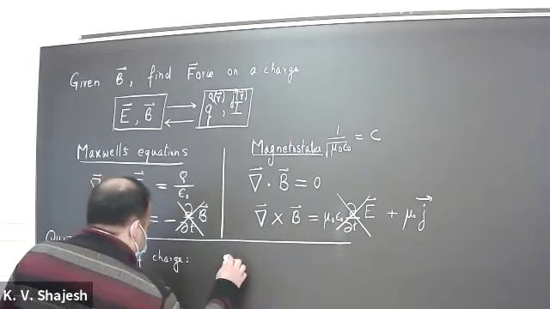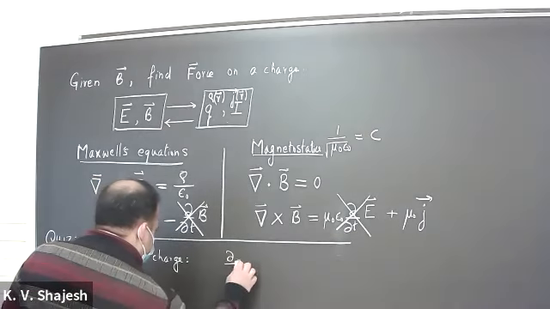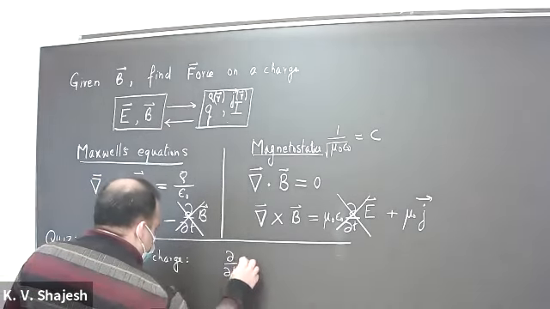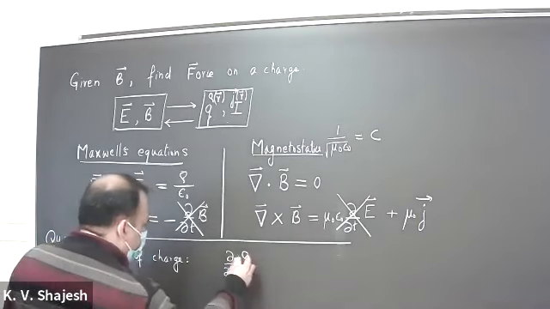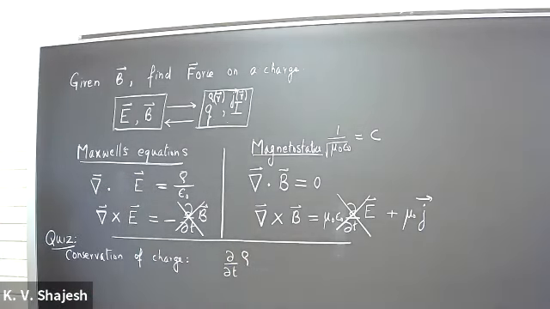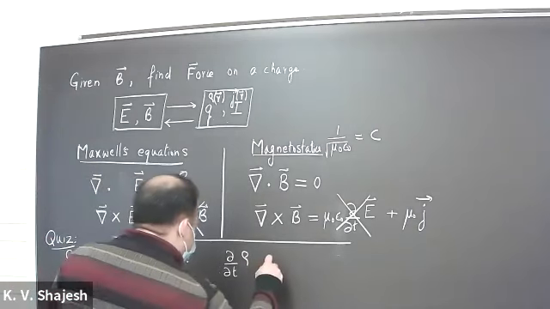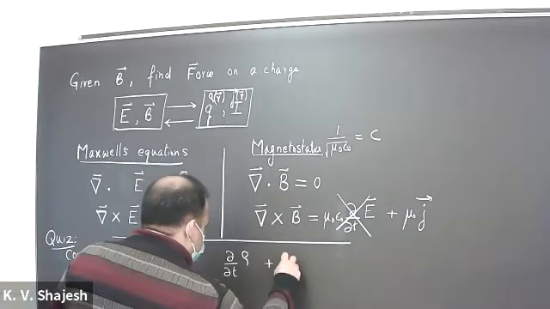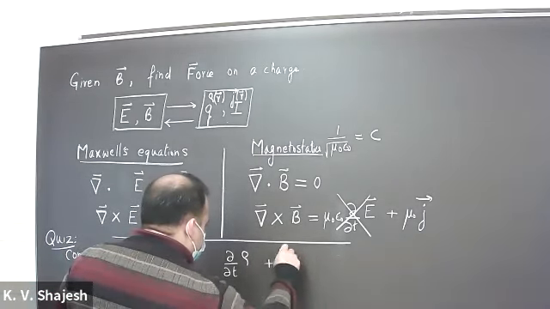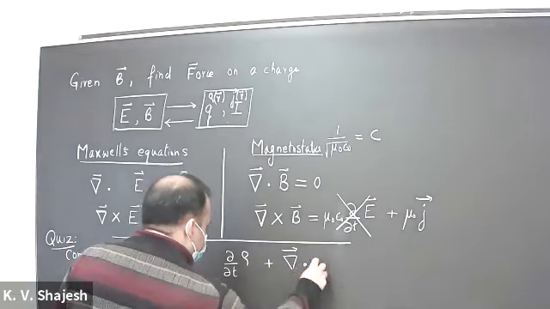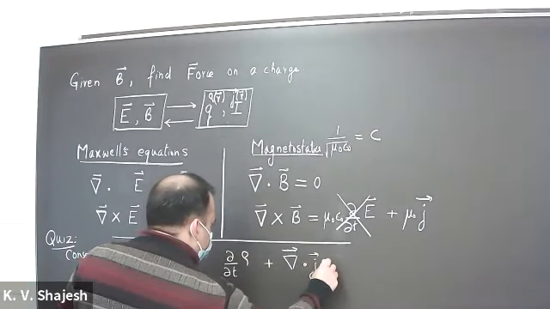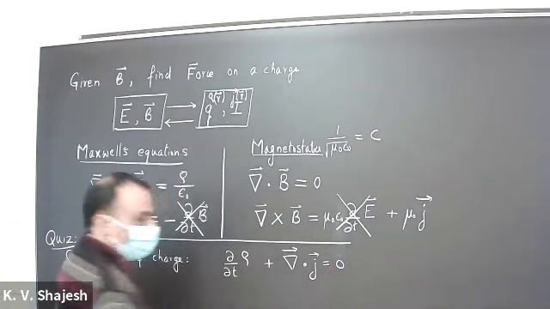So conservation of charge says that the time derivative of charge density, this is charge per unit volume, plus the divergence of current density is equal to 0.